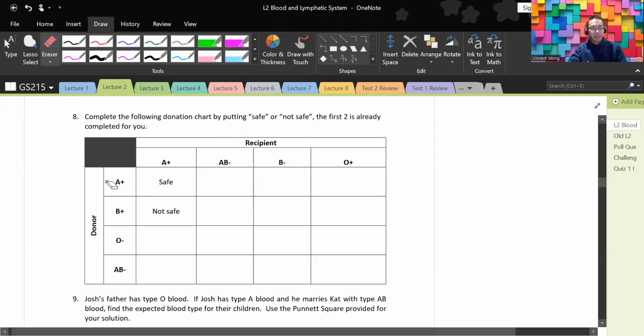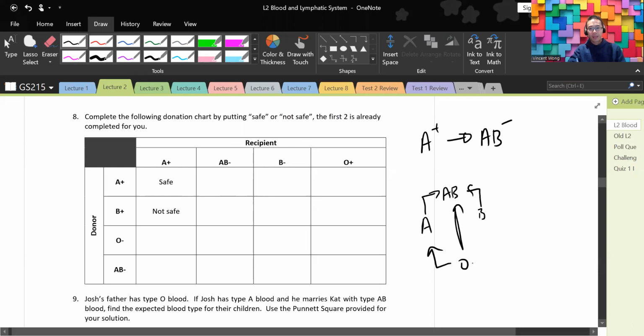Over here, A positive is given to AB negative. Let's see if that's safe or not. So can A give to AB? If you look at our transfusion chart, I'm just going to redraw it here. A can give to AB. That's safe.